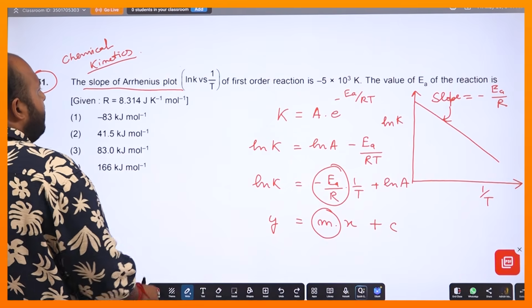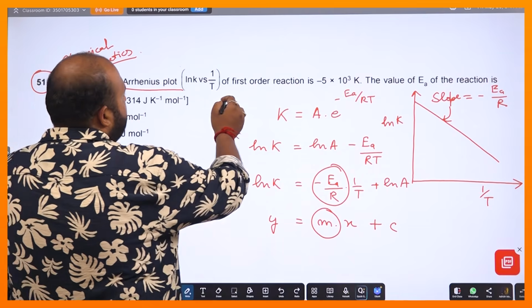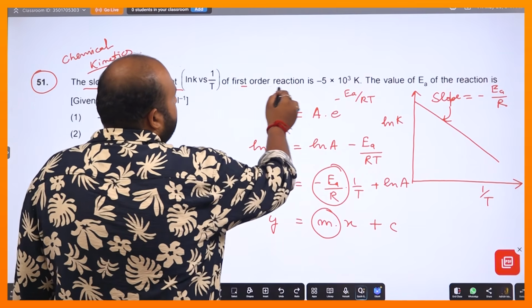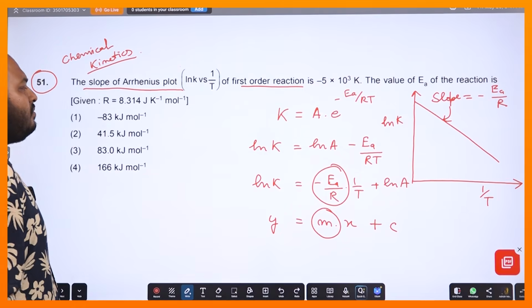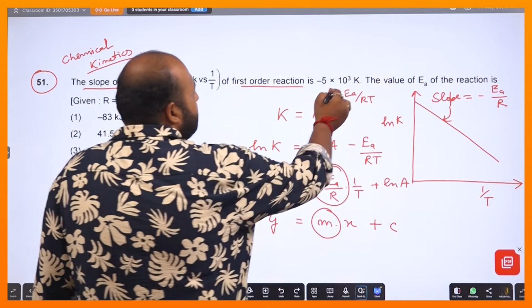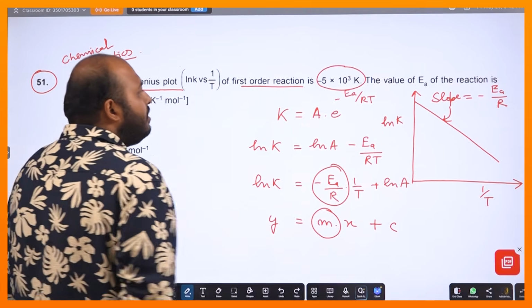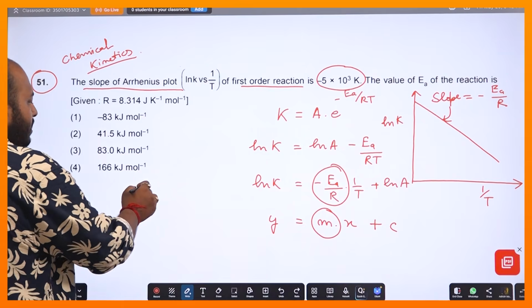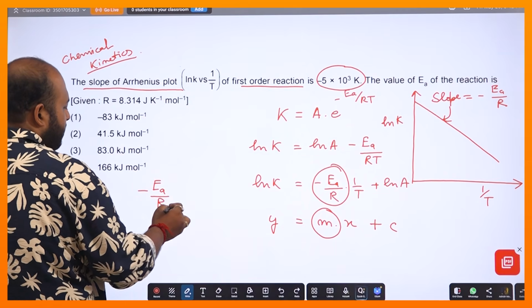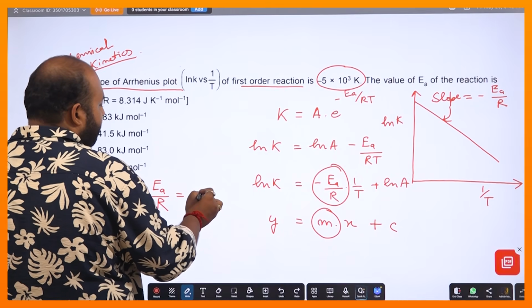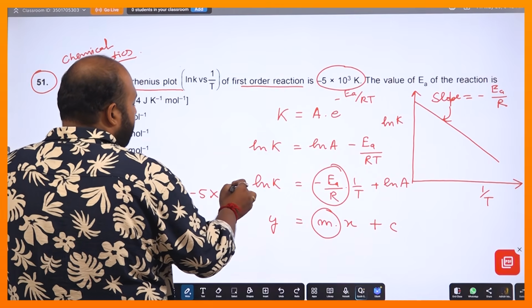So simply it is given the slope of the Arrhenius plot for the first order reaction. Remember that it has given a first order reaction. The slope is given as minus 5 into 10 to the power 3 Kelvin. So if we equate it, minus EA by R equals minus 5 into 10 to the power 3.